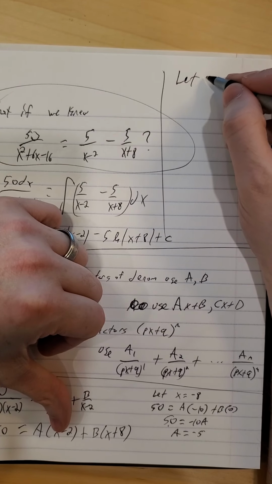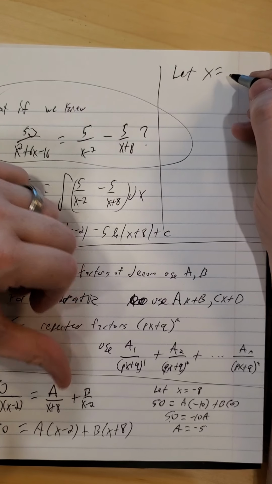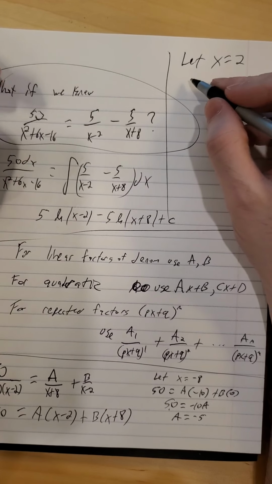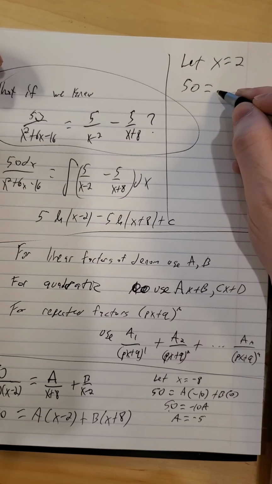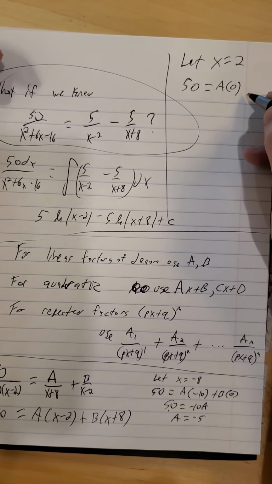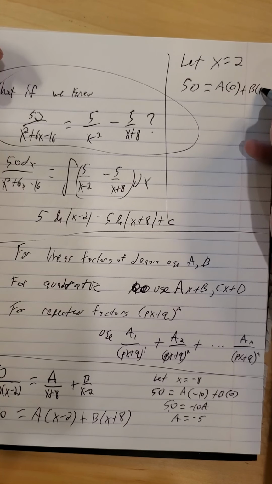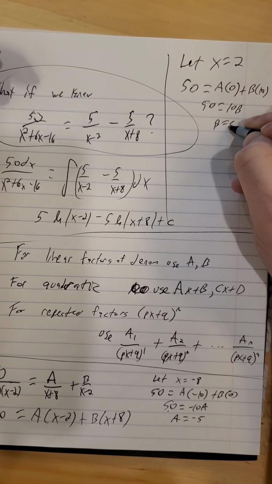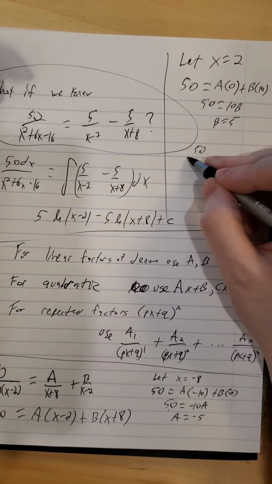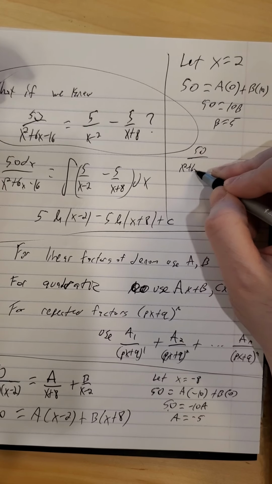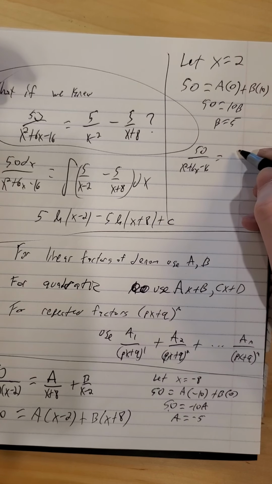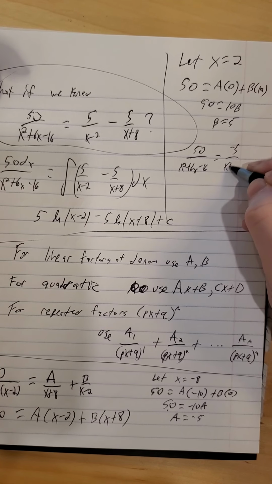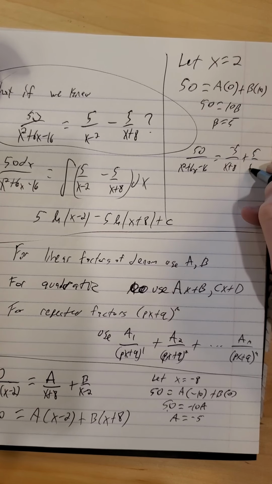This time we're going to let x equal a positive 2. That way now the A is dropping out, but the B stays in the game. So 50 is A times 0 plus B times 10. So 50 is 10B, so B is 5. And that's how we turn the 50 over x squared plus 6x minus 16 into the much easier to integrate negative 5 over x plus 8 plus 5 over x minus 2.